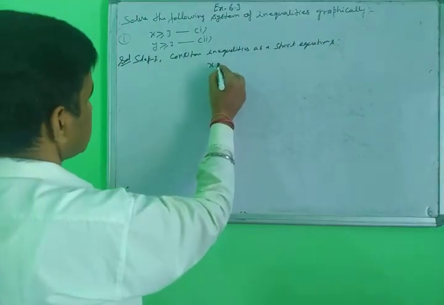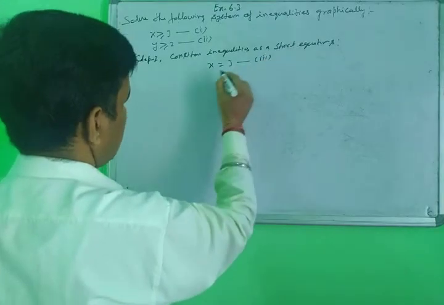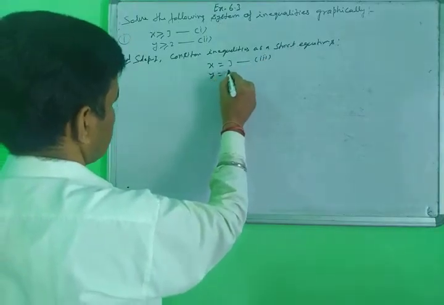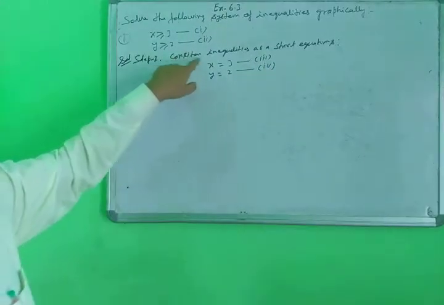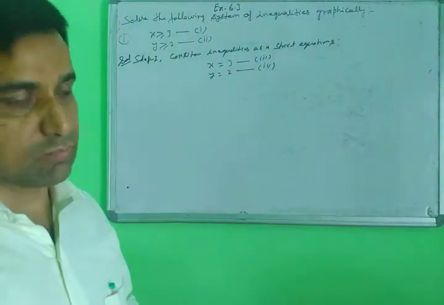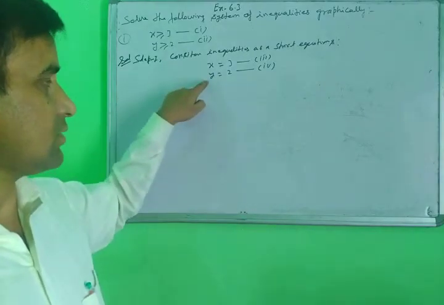Means x equal to 3, this is the third equation, or y equal to 2, this is the fourth equation. Consider the inequalities as strict equations. Here there is only a single value of x and y.